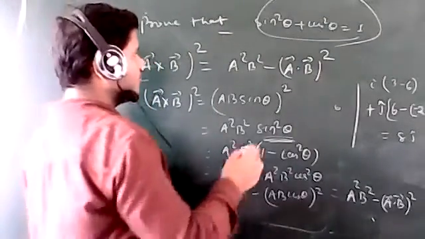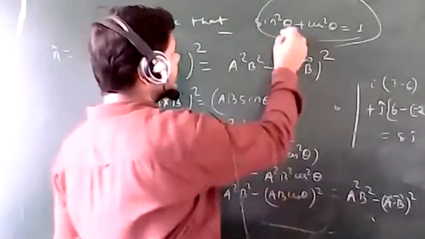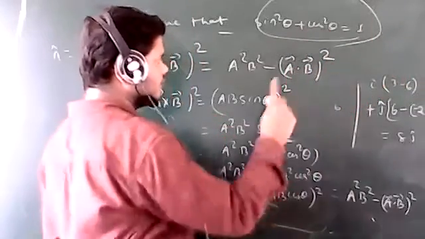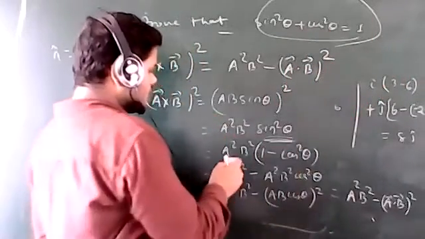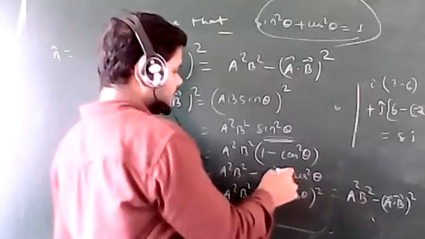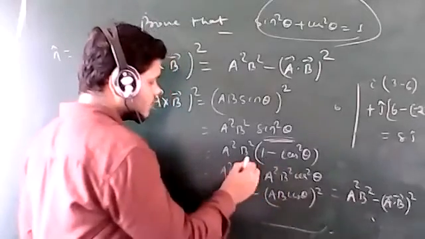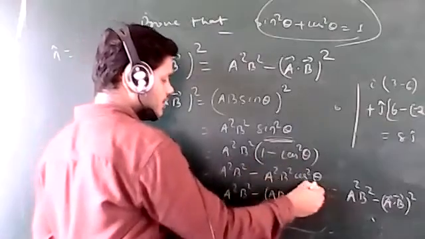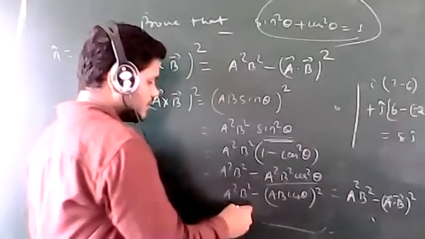If you are writing sin square theta, that means we have to take the cos square theta to the right hand side, that means 1 minus cos square theta. So A square B square minus: multiplying A square B square into 1 gives A square B square, and A square B square into cos square theta is this.